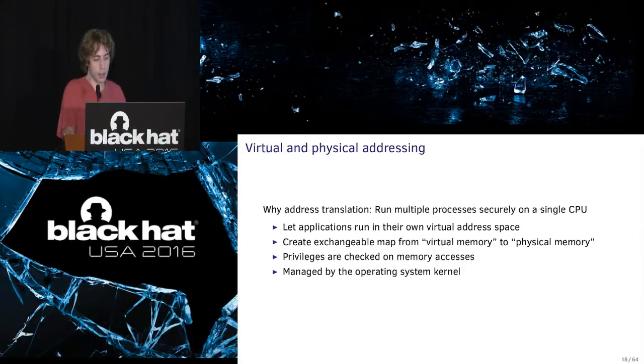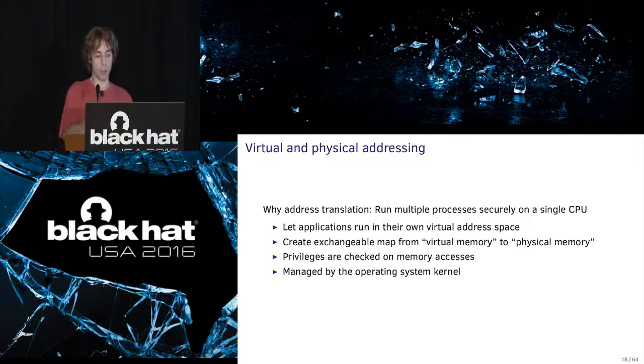With the Intel 386 CPU, virtual addresses have been introduced, and they allow to isolate different processes on the same CPU by providing different address spaces to them. So there is a map inside your hardware, and you can configure this map, and you can map from virtual addresses, like the pointers that you usually have in your programs, to real physical addresses on the hardware.